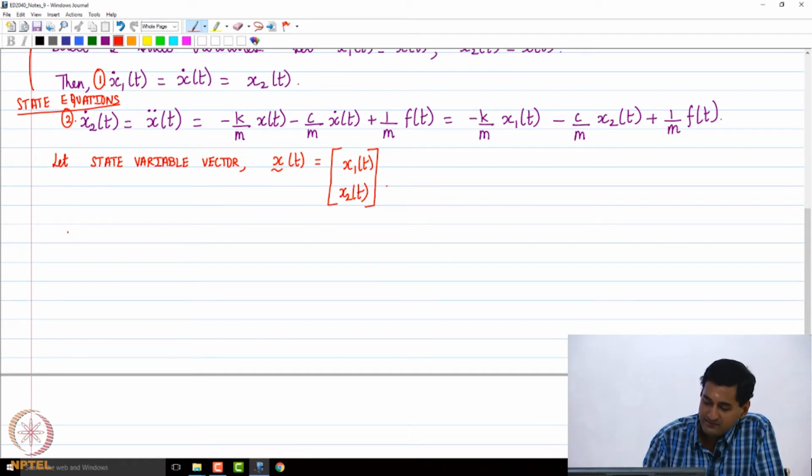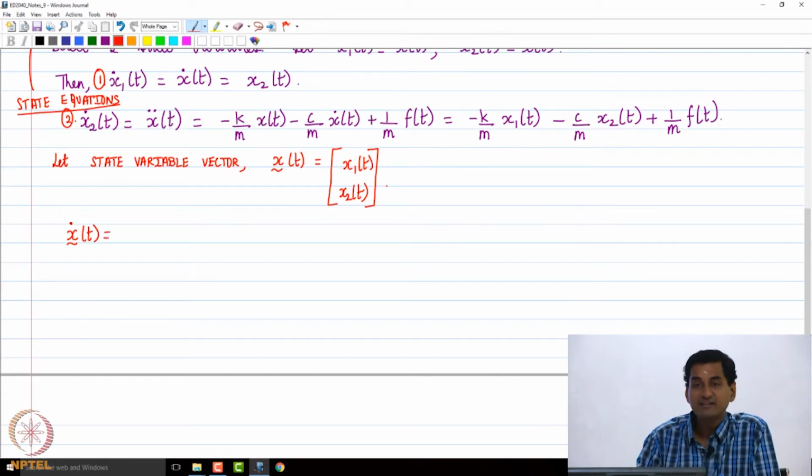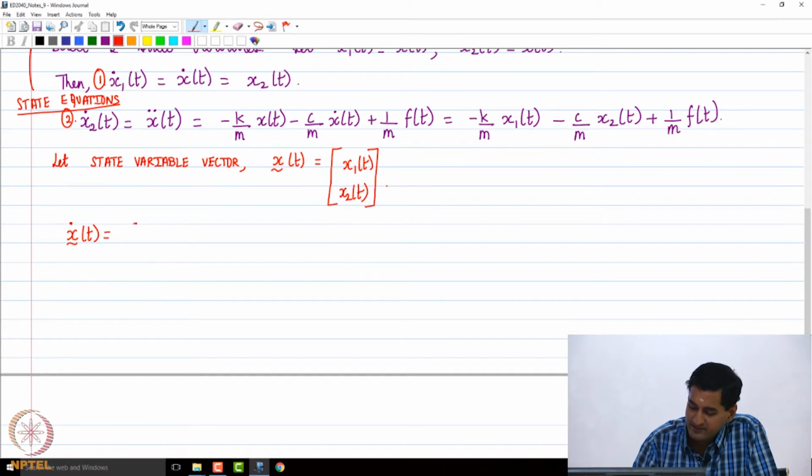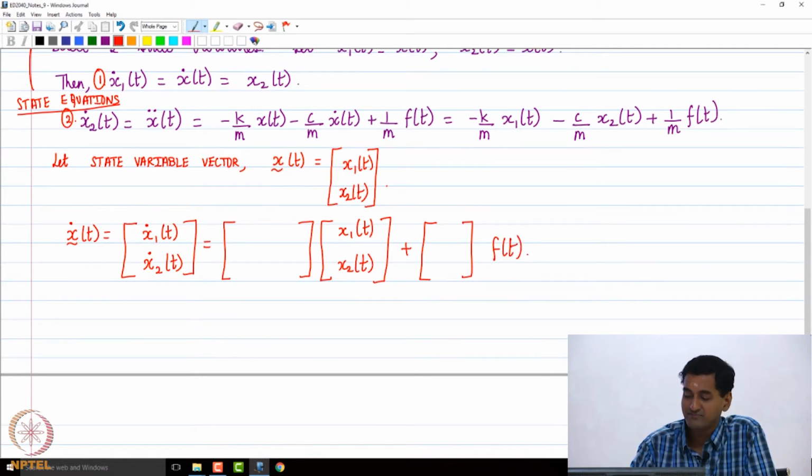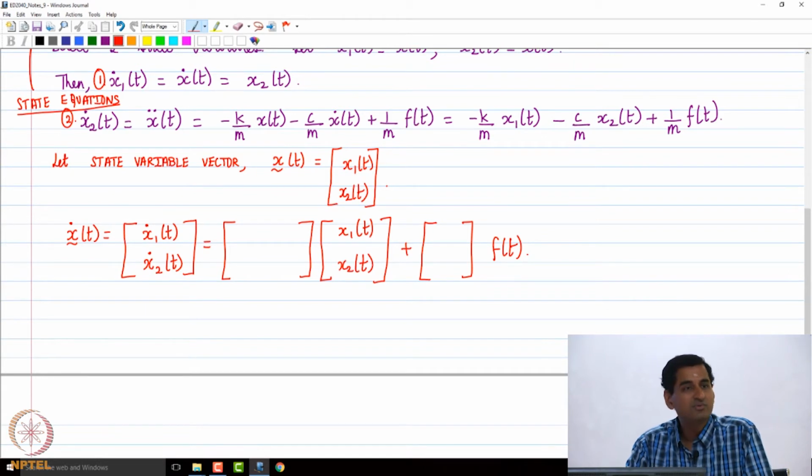Now, this essentially tells me that x dot, which is the first derivative of the state vector, is essentially x1 dot and x2 dot. That is nothing but something multiplying x1 of t, x2 of t plus something multiplying the input f of t. We will see that typically we can write in this form. Let me show you how to write in this form.